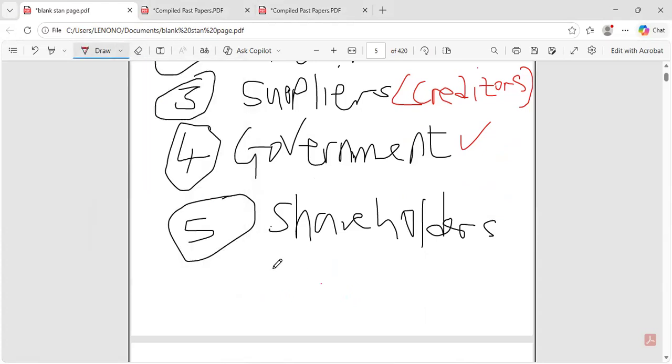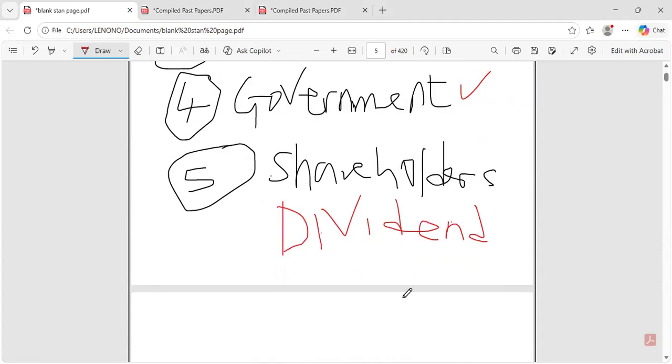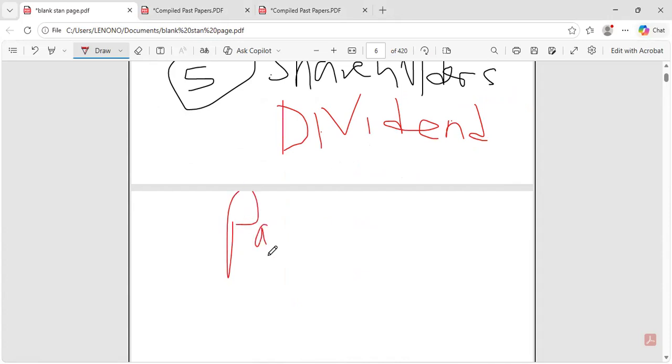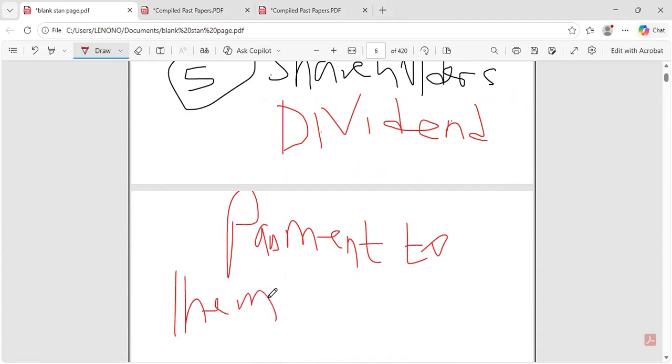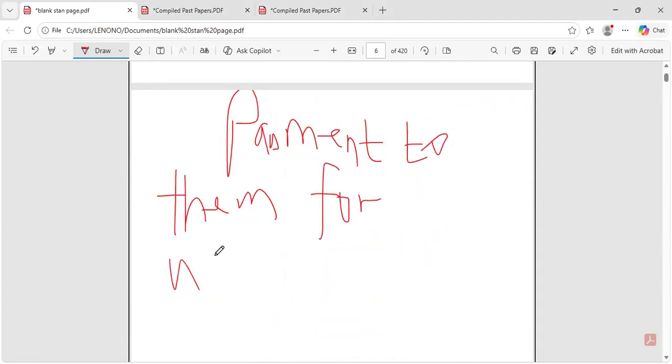So they believe in dividend payment to them for wealth maximization. Wealth maximization.